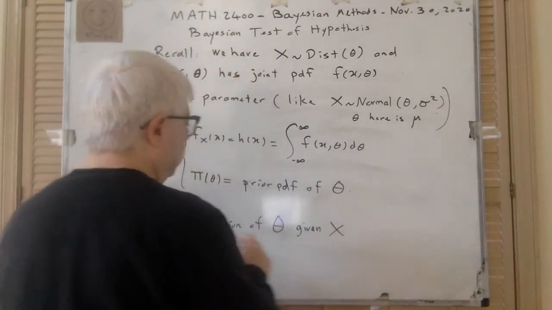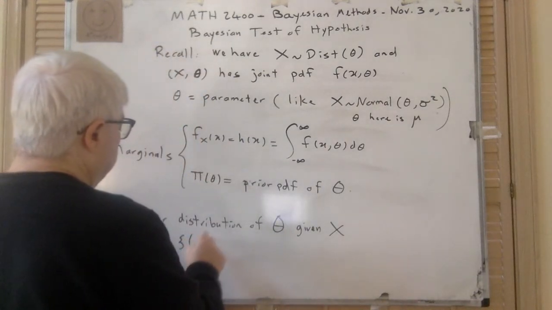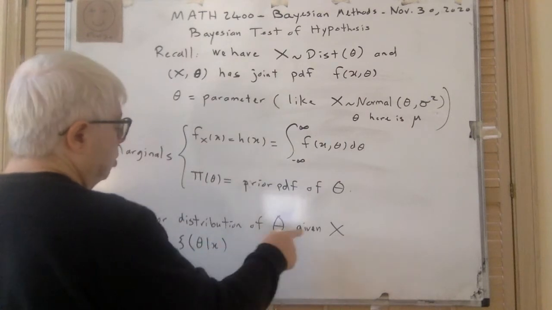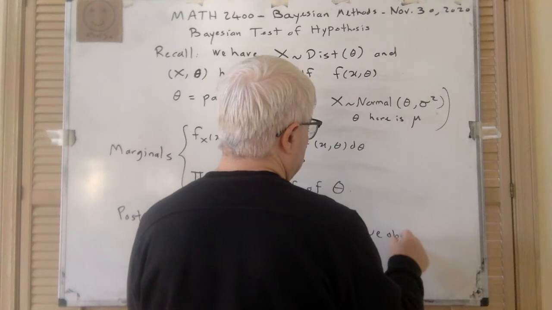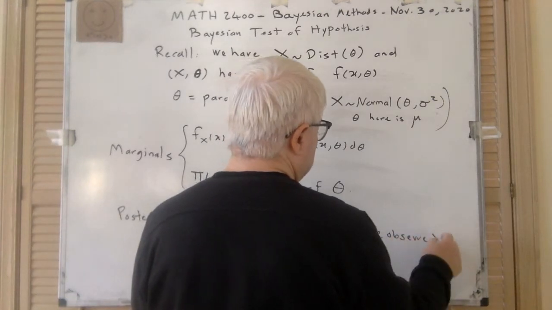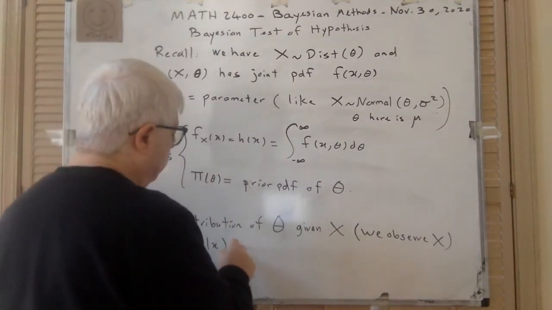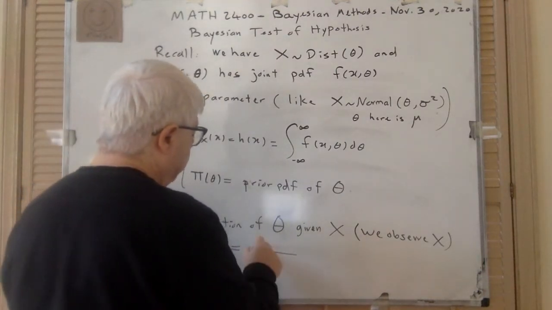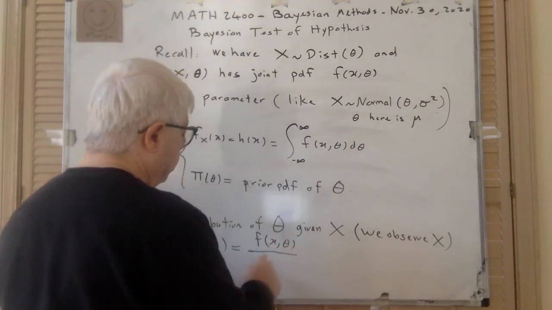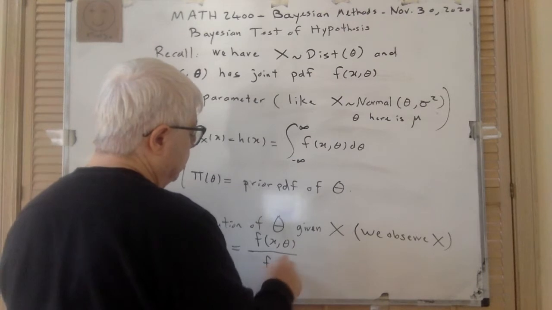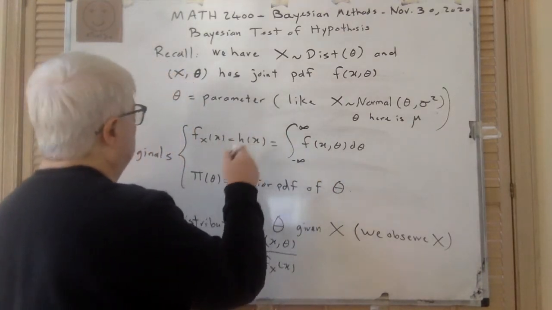So that's pi of theta given x, that is small x, because we observe X. So this is what we need, and that is in fact f of x theta divided by f_X(x), or I wrote h(x) for that.